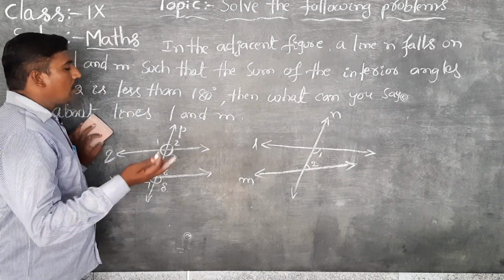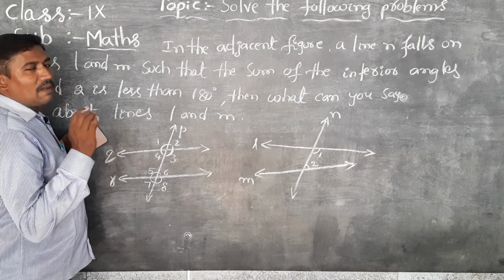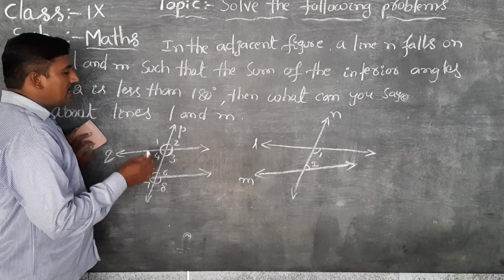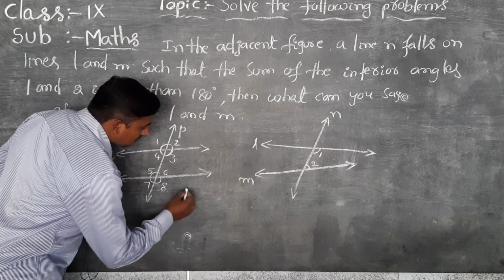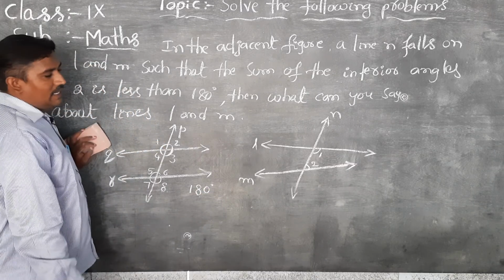One more angle relation is there: same side of the transversal. The sum of two angles on the same side of the transversal is supplementary, which means 180 degrees.